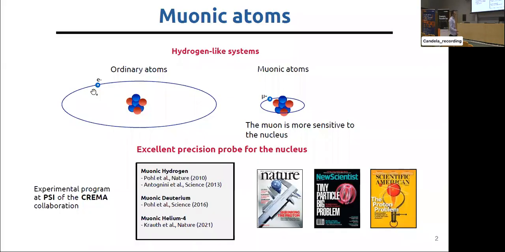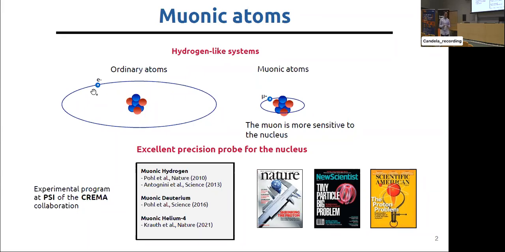And I would like to start with a very brief introduction. The muon and the nucleus are bound together by means of the electromagnetic interaction.